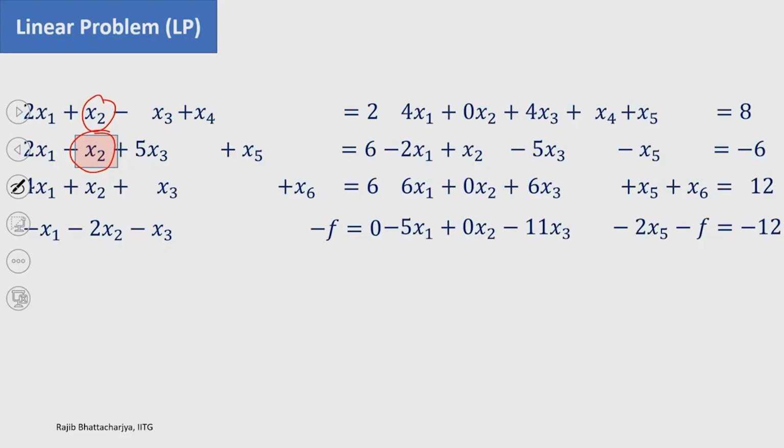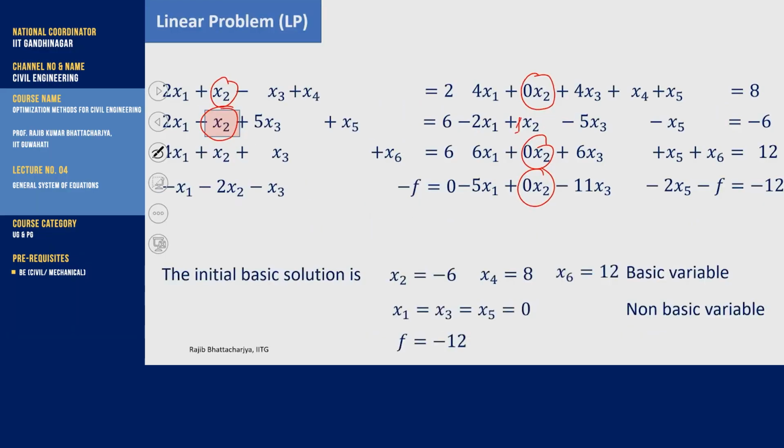So, now we are getting this solution, that here the coefficient of x2 is 0, here it is 0, here it is 0, and here it is 1. Okay. Now, if this is the condition, what is the solution? I am getting x2 equal to minus 6, then x4 equal to 8, and x6 I am getting 12.